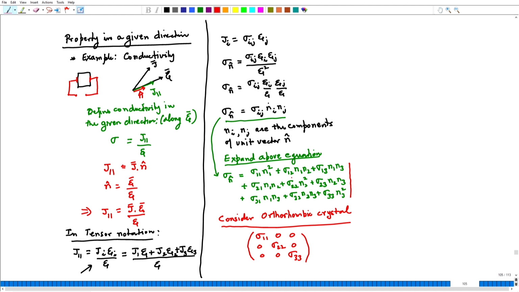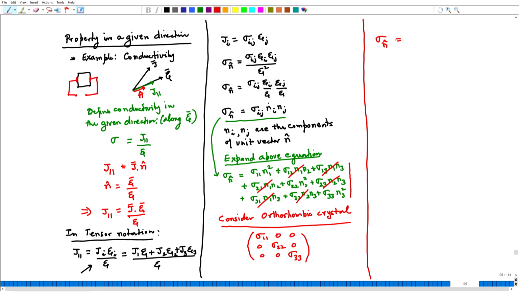Wherever sigma 1 2 is there, sigma 2 1 is there, all of these will go to 0. So, this will be 0, this will be 0, this will also be 0. Only the diagonal terms remain. Therefore, I can write the conductivity in the unit vector direction n.